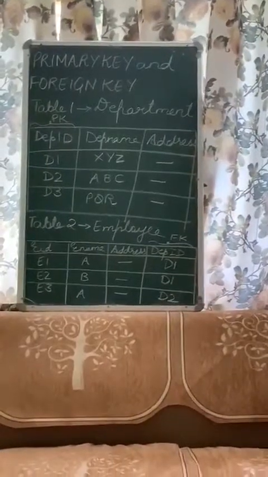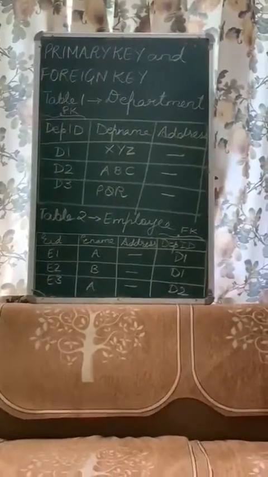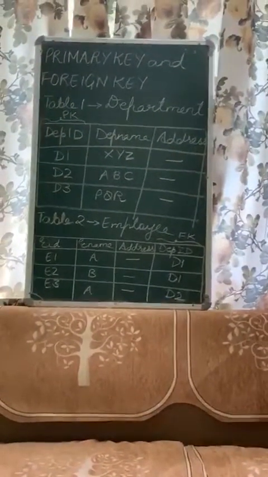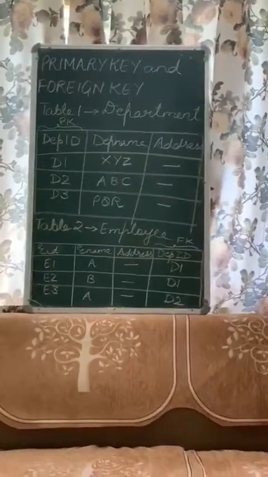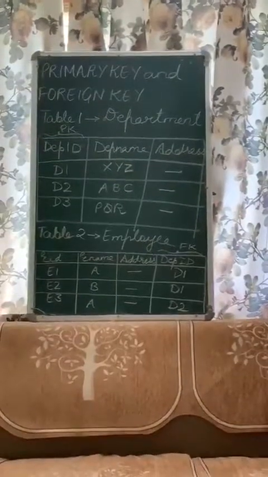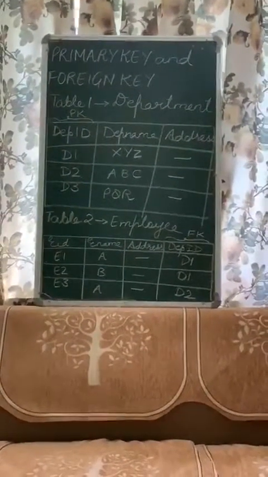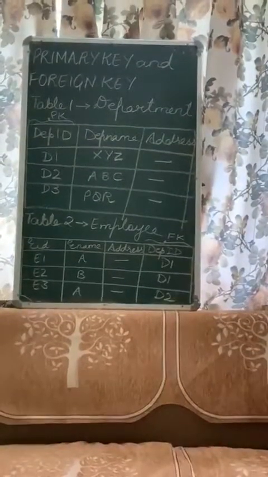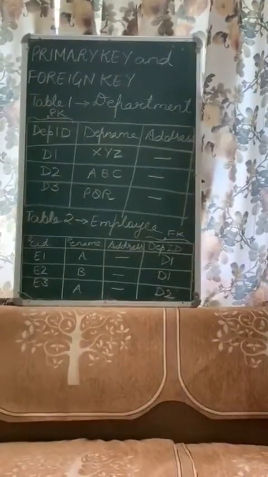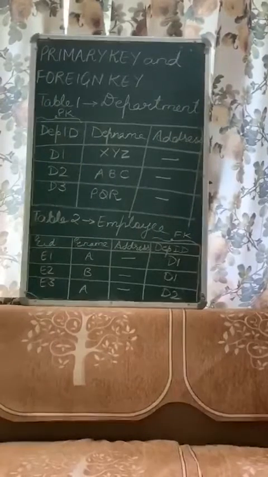Similarly, if you take a student table, the first field is roll number, the second field is student name, and the third field is marks. So the roll number of the student will be the primary key because it is unique. Two students cannot have the same roll number. So roll number will be a primary key in the student table.